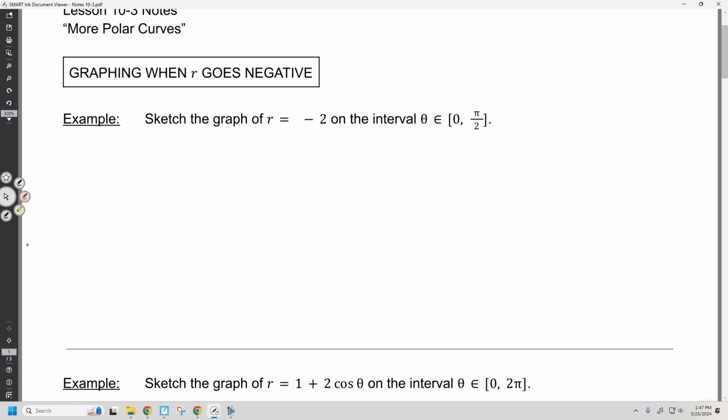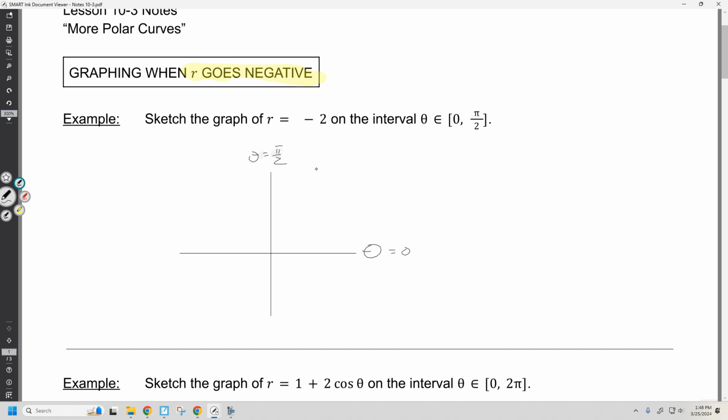What happens when our radius is negative? If I were to sketch the graph of r equals -2 from 0 to pi over 2, here's what we have to understand. My angles are the angles between 0 and pi over 2.